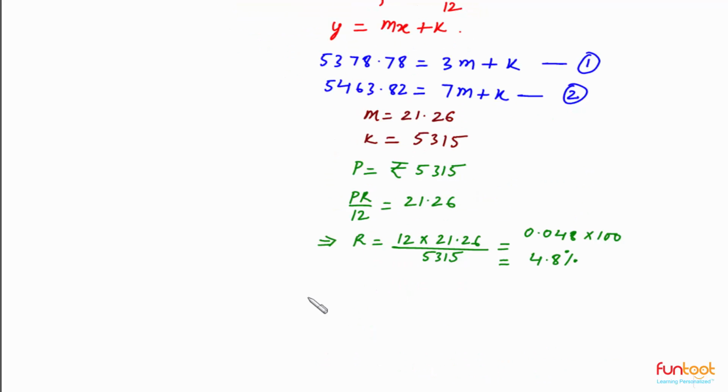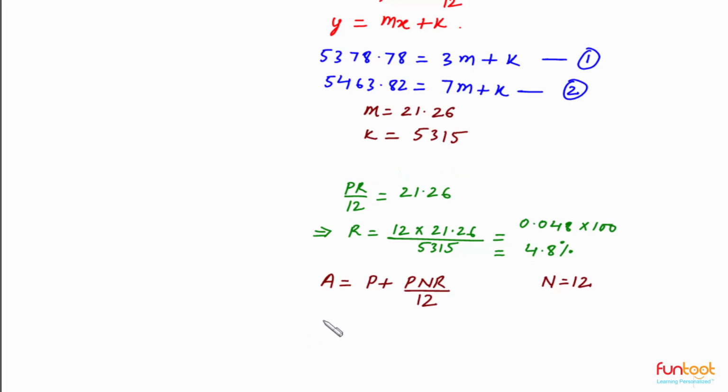So initially we had started with our equation as amount equals P plus PNR by 12, and we had to find the amount at the end of 1 year in this question. So if we put the values here, an important thing to keep in mind is for 1 year, N will be equal to 12 periods.